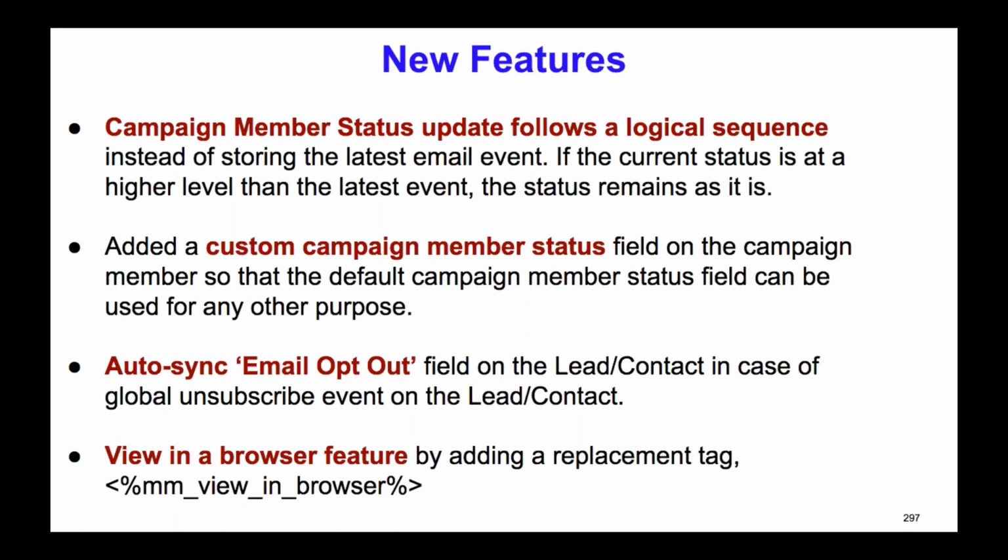If somebody wanted to click and view it in a browser, you can use this replacement tag. You just have to place this tag into your email template, and they will see a link which they can click, and then they can see the real email that has been sent within a browser. So that's a new feature that we added.